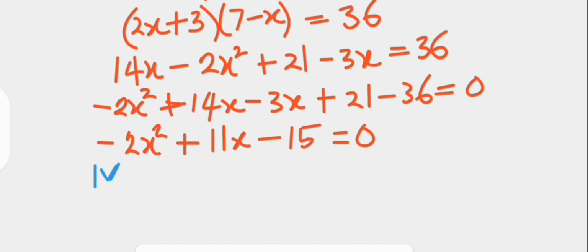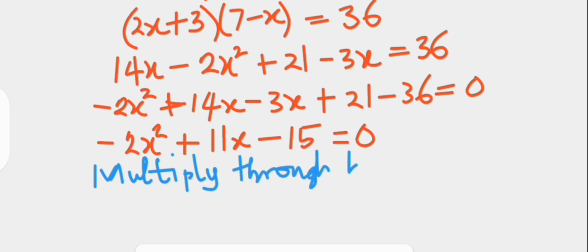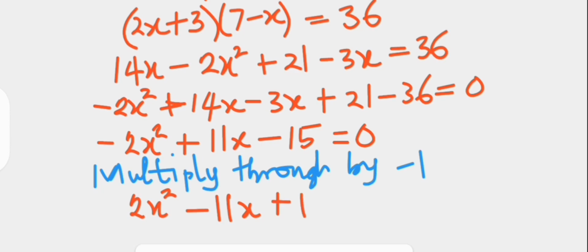We can multiply through by negative 1 so that the leading term is positive. Negative 1 times negative 2x squared gives 2x squared. Then the plus 11x becomes minus 11x, and the negative 15 becomes plus 15. 0 remains unchanged because it's neither positive nor negative.